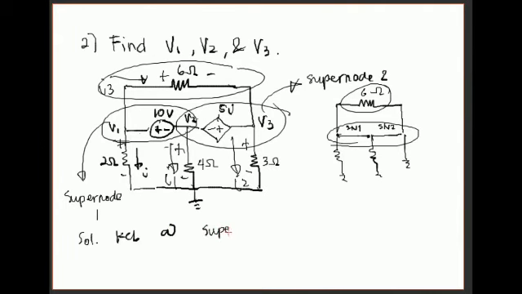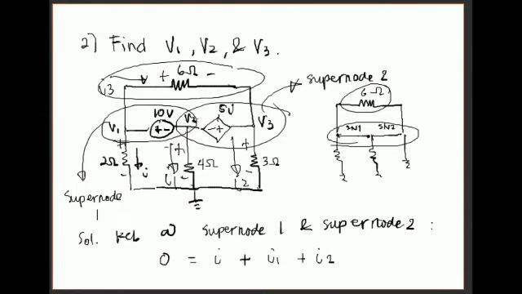So we can apply KCL at supernode 1 and supernode 2. So we have 0. There's no currents flowing into the supernodes, and the remaining currents involved for the 2 supernodes are I1 and I2.